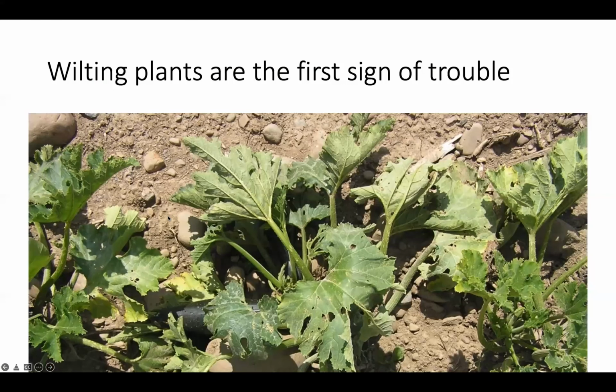Wilting plants are the first sign that you might have a problem with squash vine borer. I don't know if you've ever observed, sometimes all your squash will just kind of wilt in the afternoon. But when we're talking about squash vine borer, it would be individual plants wilting while others are not.